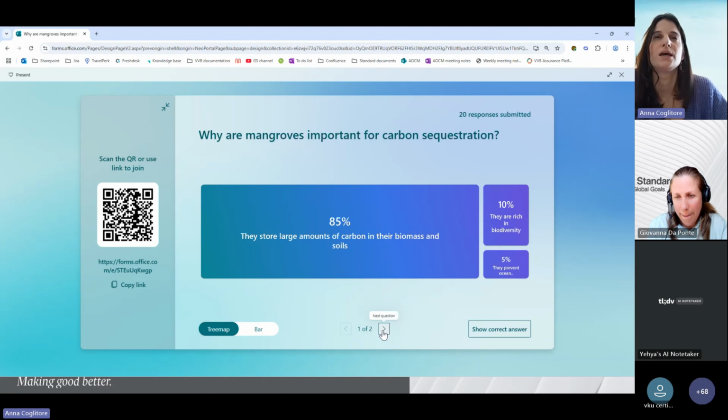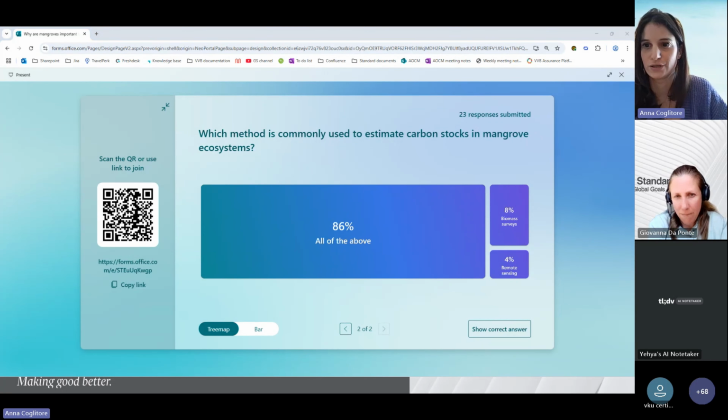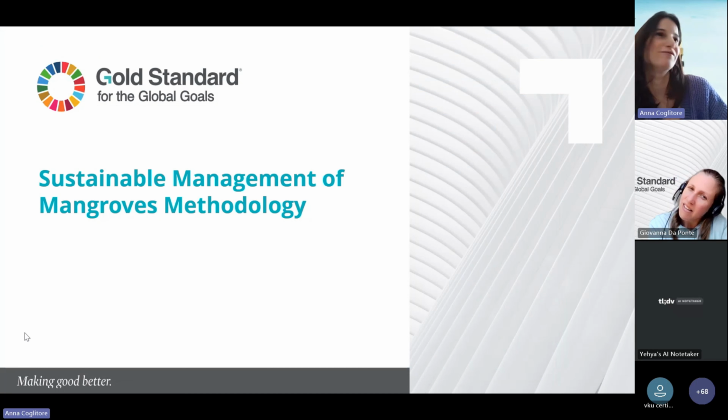Nice. And the second question would be, which method is commonly used to estimate carbon stocks? Of course, yeah, all of them. Remote sensing, soil sampling, and biomass surveys. So thank you all for answering. Hopefully, Ashwin now will tell us a bit more about it. But before that, I'm going to play a little video again.